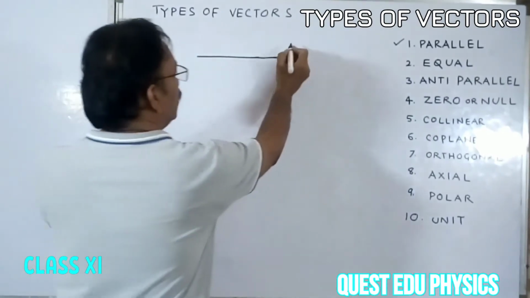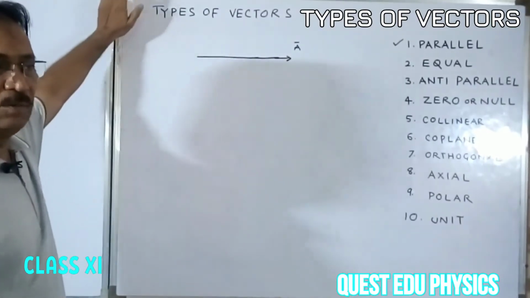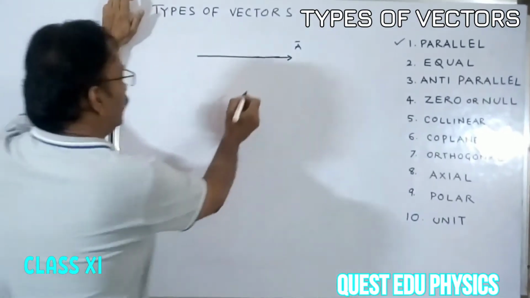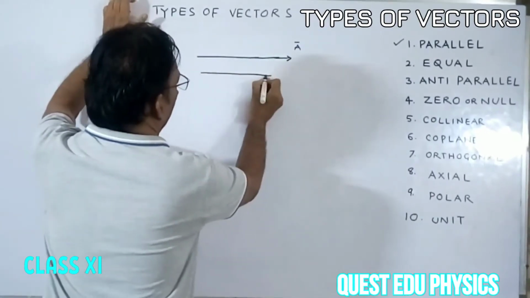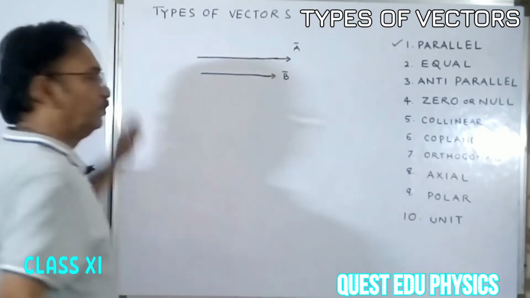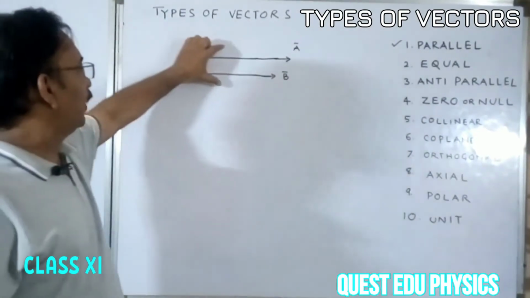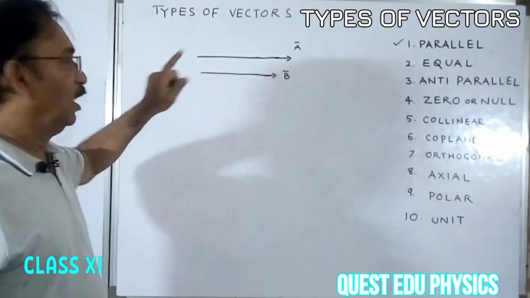Let's name this vector A bar. We are talking about parallel vectors now, and we have one more vector, the B vector. If you arrange these two vectors in this way, we call them parallel vectors.